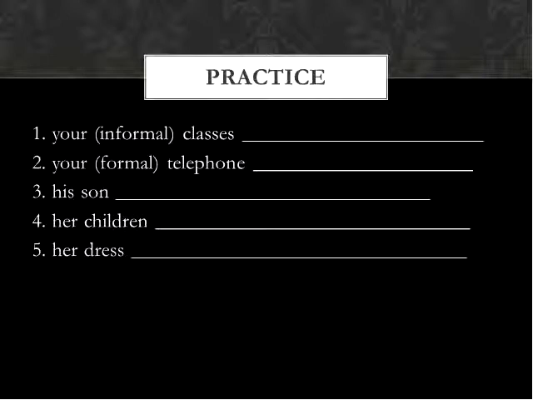So number 2, we have your formal. So you have tu or su. Muy bien. And then we're talking about telephone, there's only one. So it's singular. That has to be singular as well. This one's the formal form.